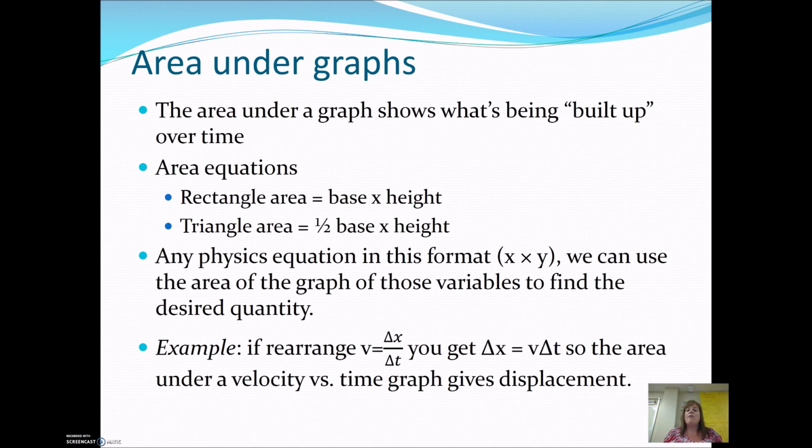If we solve for the change in position, we get velocity times time. So that means the area under a velocity versus time graph, with velocity on the y-axis and time on the x-axis, base times height, is going to give me the change in position, or the displacement.